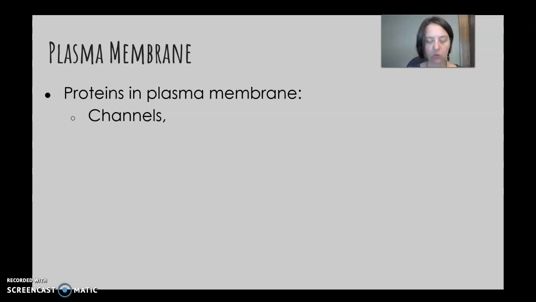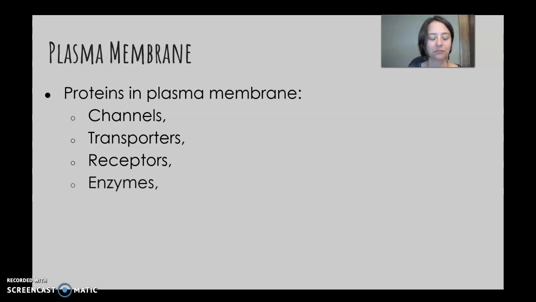Sometimes there's channel proteins that determine what can go in and out of the plasma membrane. There are transporters if certain substances need transporting in and out, sometimes glucose. Receptors for a certain substance, kind of like your neurotransmitters in your nerve cells.